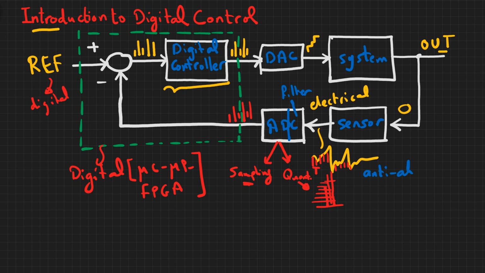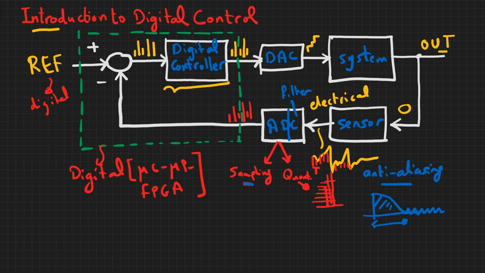The main purpose of this filter is to restrict the bandwidth of the signal to be within the Nyquist range of the sampling time that you're using in the ADC. So you want to make sure that no aliasing is going to happen, so you need an anti-aliasing filter in order to restrict the bandwidth of the signal to that Nyquist bandwidth. Another use of the anti-aliasing filter is that usually you have some high frequency noise, so it's also removing this high frequency noise as an extra bonus, you can say.